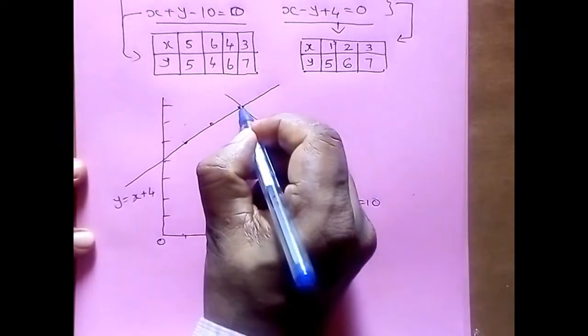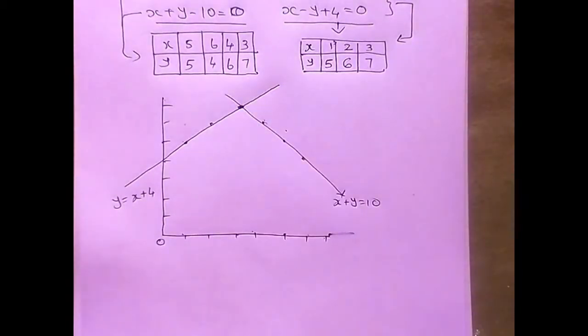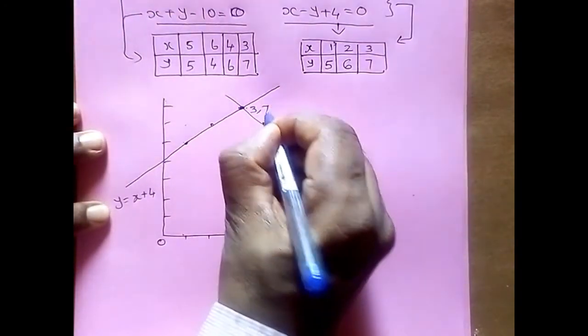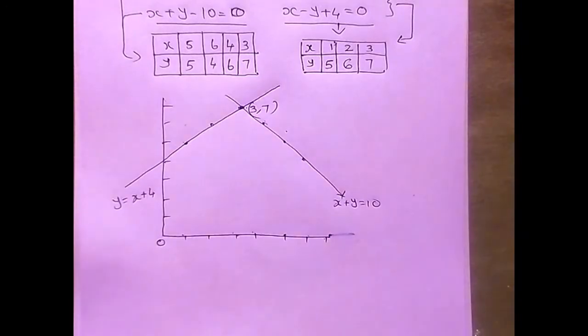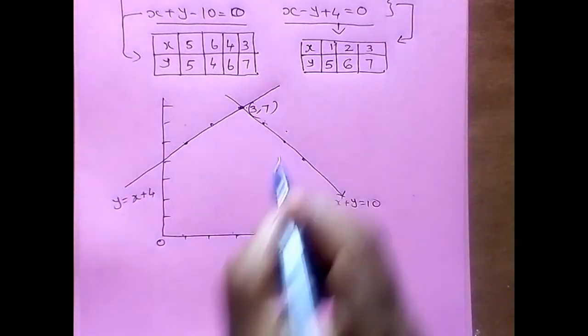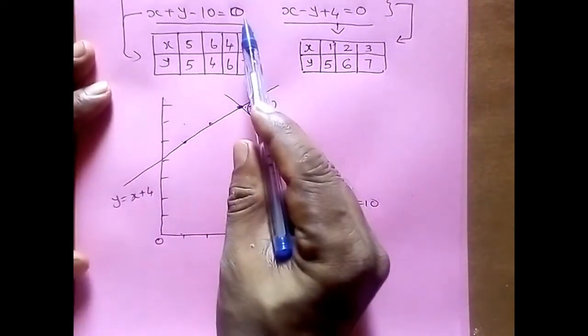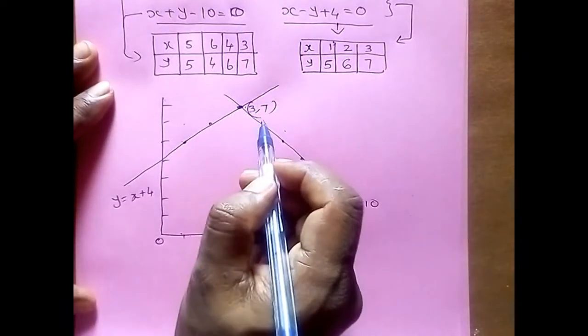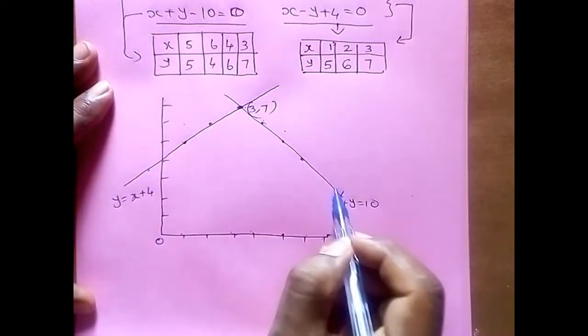Now we see that these two lines intersect at a single point, and this point is (3, 7). Hence we find that (3, 7) is the solution set for these two equations. That means the point (3, 7) is lying on this line and this line.